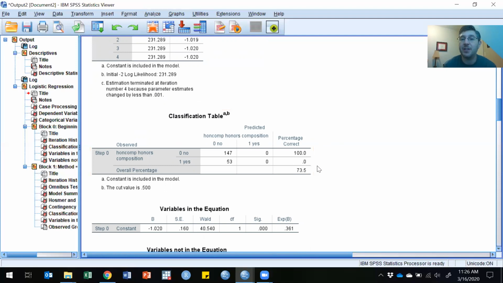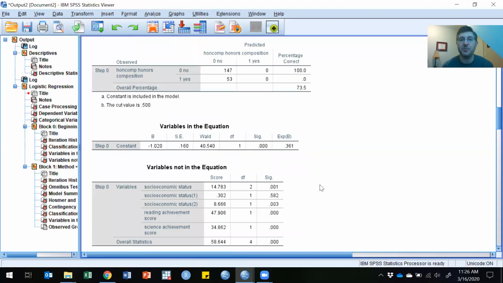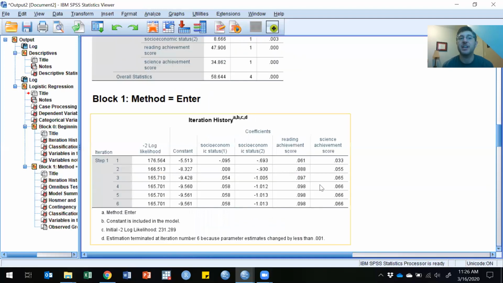You'll see that we classify about 73.5%, around 74% of people correctly by just guessing that everybody's not in honors composition. So this is our base model. We want to see if we can improve on this by adding in additional predictor variables, and that's what we're doing here in block 1.